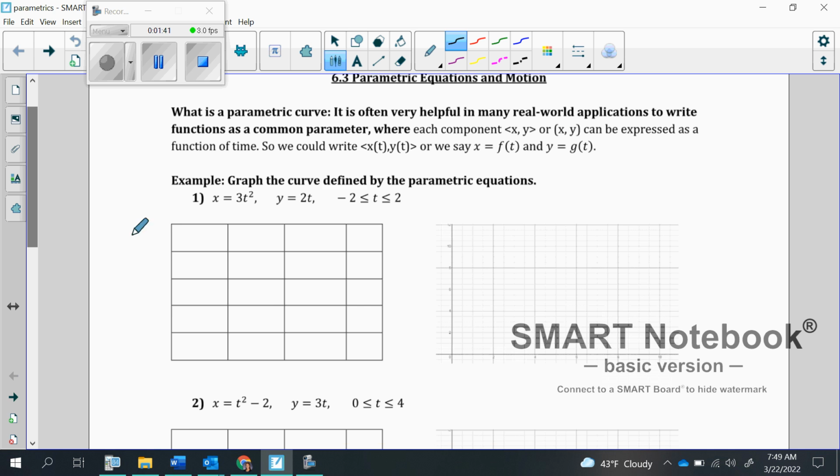Now, the one thing that I will specify as we're going through this, and I know a lot of you are probably going to think it, so let me clear it up from the beginning, and it is time. So if t is time, how can time be negative, right? Isn't it always positive? Well, we're also representing different functions x and y in terms of time. So in order to represent the entire function, sometimes we need to have time as negative.